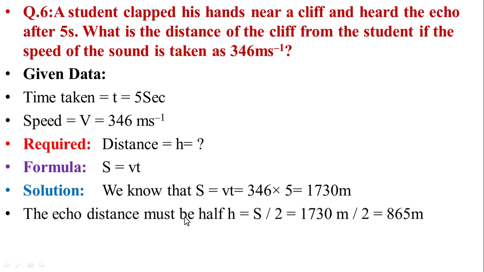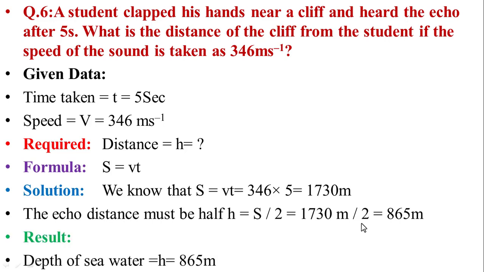Now the echo distance must be half, so s upon 2 is equal to 1730 divided by 2 is equal to 865 meters. So the result, the distance h is equal to 865 meters. Similarly, we can use the other method.